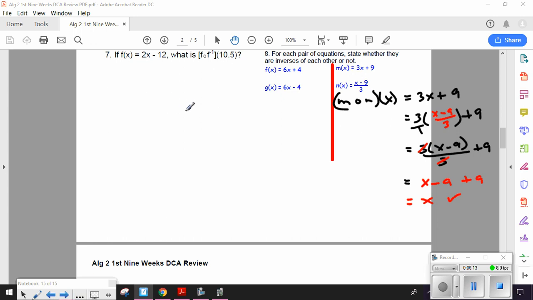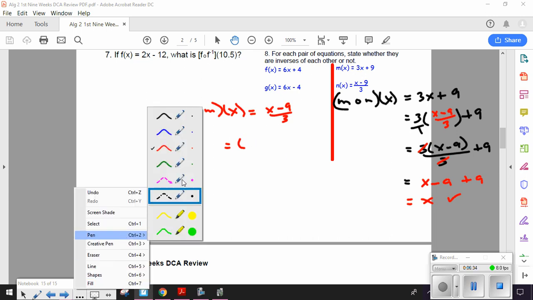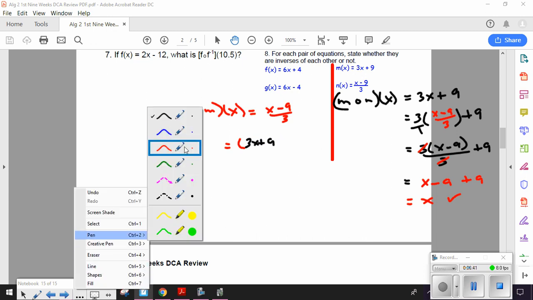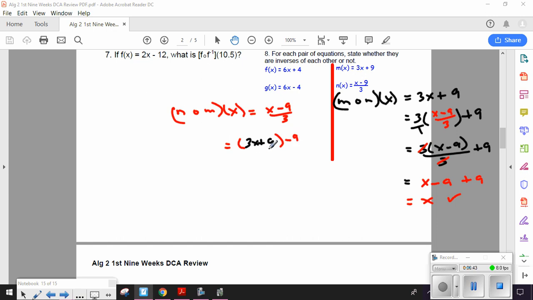Now let's check out in composition M. We've got to make sure they both work. So now n is the outer shell. So x minus 9 over 3. Now let's get it ready to substitute our gum function, which is 3x plus 9, then minus 9 all over 3.